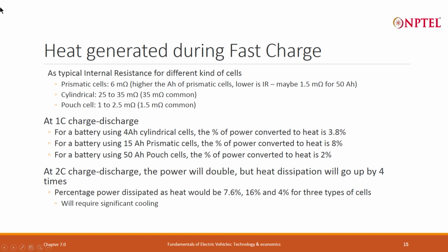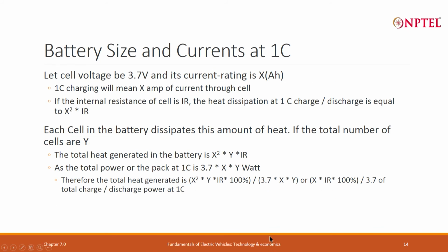So, I actually calculated this for 1C charge for a battery using a 4 ampere hour cylindrical cell. I take 25 milliohm resistance, and the percentage of power converted to heat is 3.8%. What did I do? I simply did x into IR into 100% divided by 3.7, where x was the current rating.